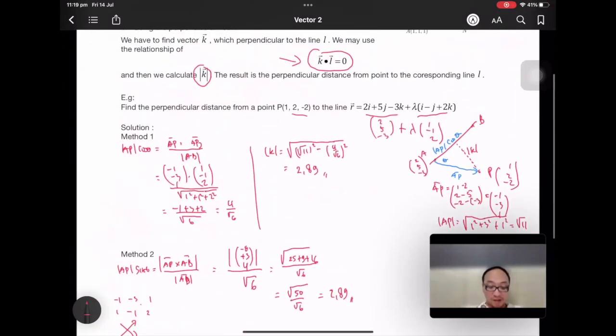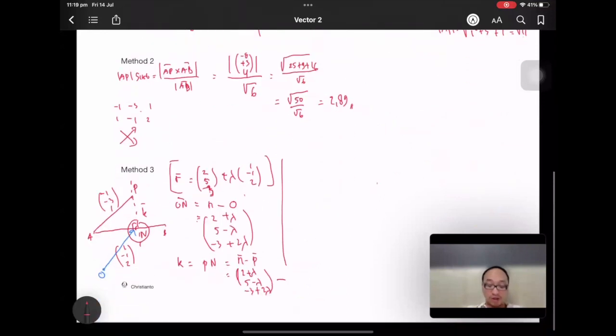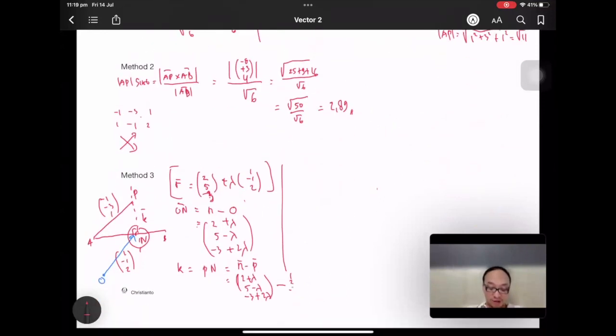P is 1, 2, -2. So equals to 1 plus lambda, 3 minus lambda, and then -3 minus -2 is -1 plus 2 lambda.